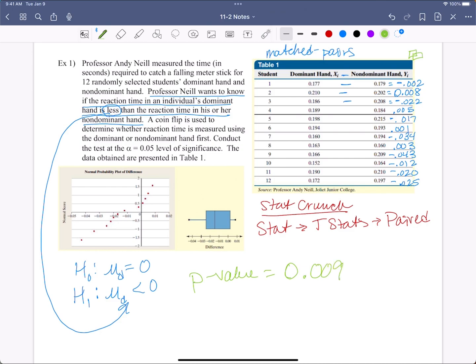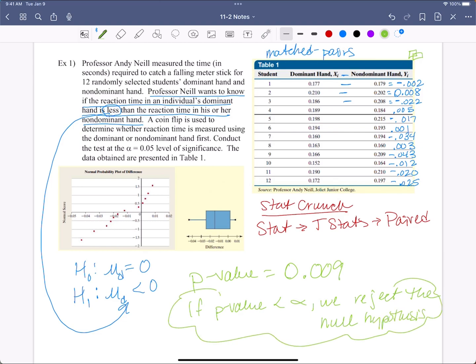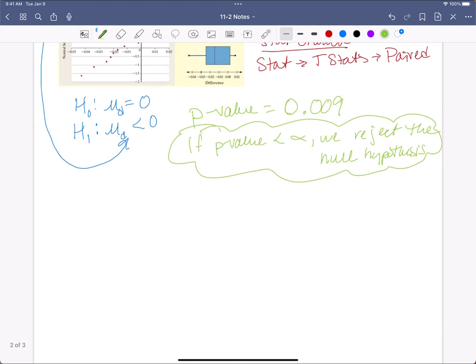Now what's that criteria again associated with my p-value? If it's less than my level of significance, then we reject. Let's write it out just to make sure: if the p-value is less than my level of significance, we reject the null hypothesis. Right? That's just the criteria that we've been using because that's the p-value approach. So let's see what's happening here.